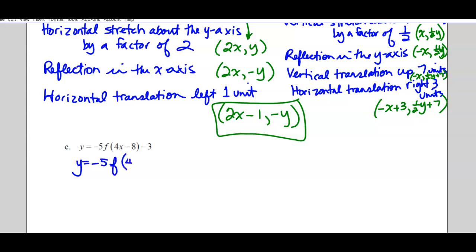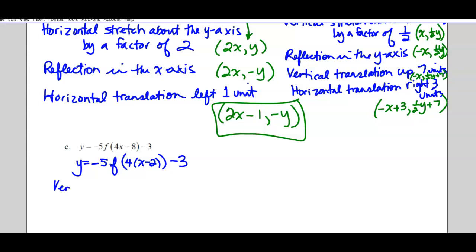So factor out of 4. Okay. Now I can see what the correct horizontal translation is. So, doesn't matter if I do vertical stretches or horizontal stretches first. They're both stretches, they don't affect each other.